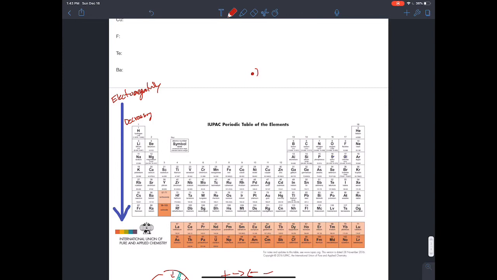So if you have your nucleus here and you have 1 energy level, it's going to be pretty easy to attract other atoms because there's just 2 electrons between it. If you had another full energy level with 8 electrons, it's going to be a little bit more difficult because you have more electrons in between the nucleus and this electron that might be passing by. And then you add another energy level, it's going to be even harder. And you add another energy level, it's going to be even harder. So all of these shielding electrons, all these electrons between the nucleus and an outside electron, are going to decrease the electronegativity as you go down and add more and more energy levels.